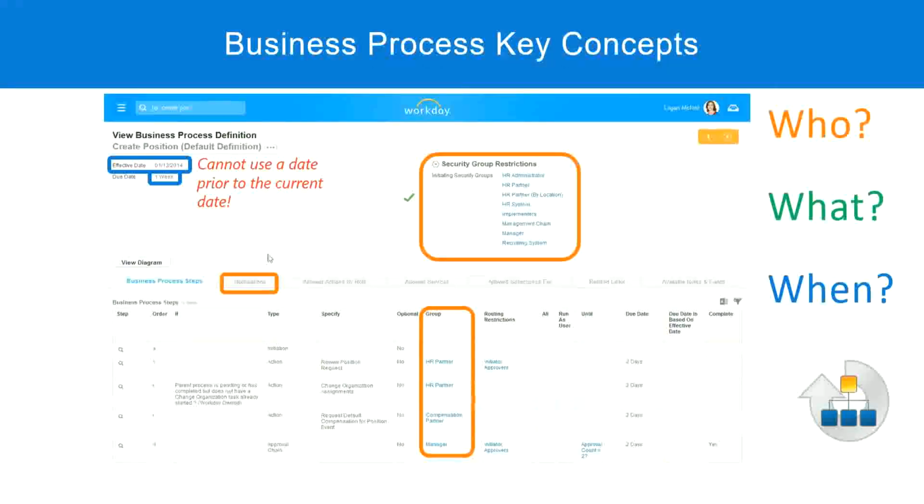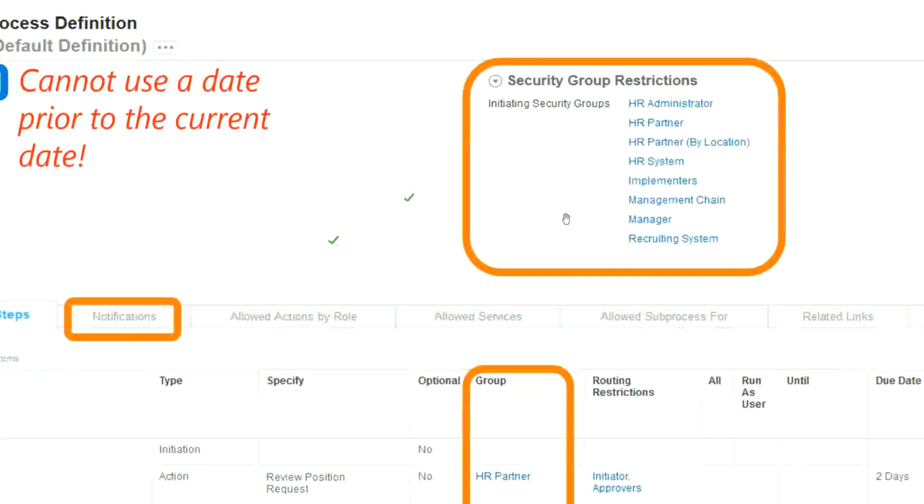Now, what business process definition is this? In this particular diagram, I mean in this slide. What business process is this? Create position. Who all are able to initiate? Yeah, HR partner. HR partner by location.